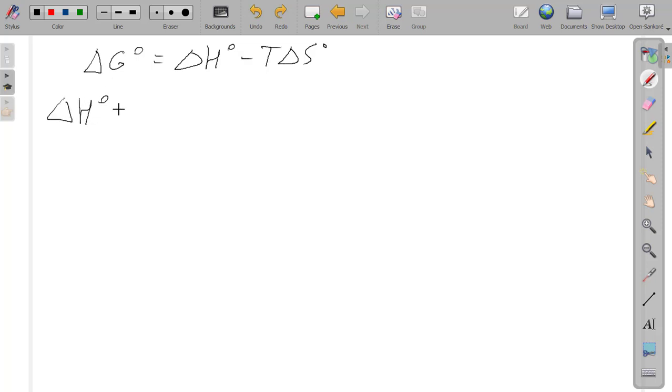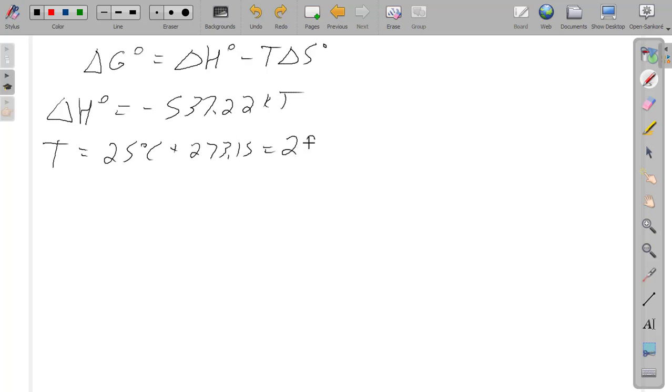Delta H0 was given to you as minus 537.22 kilojoules. The T was 25 degrees C, so we can't use that. Need to add 273.15 to it to get 298.15 Kelvin. And the delta S0 given to us is positive, and that makes a difference because that explicit positive means something here algebraically. 0.7 joules per Kelvin.